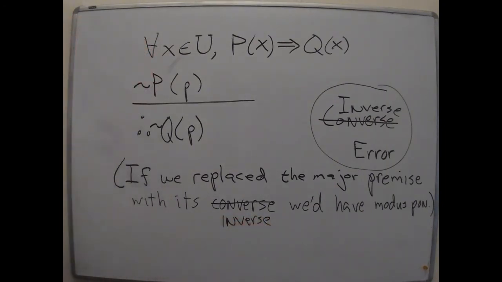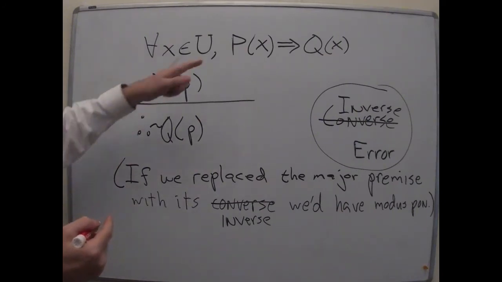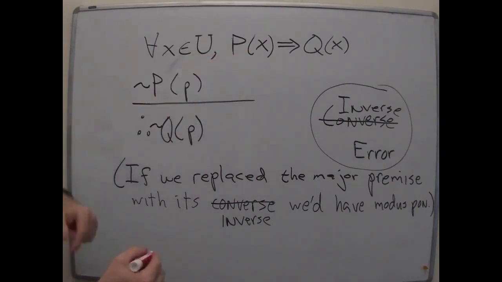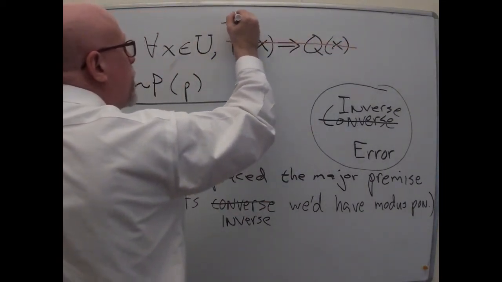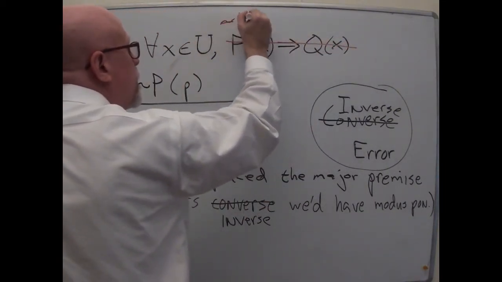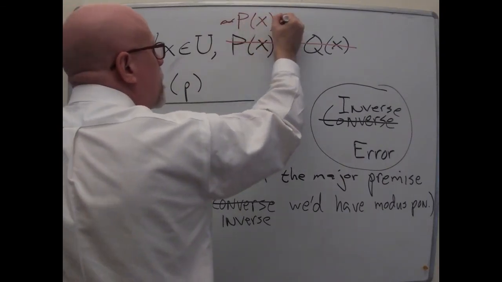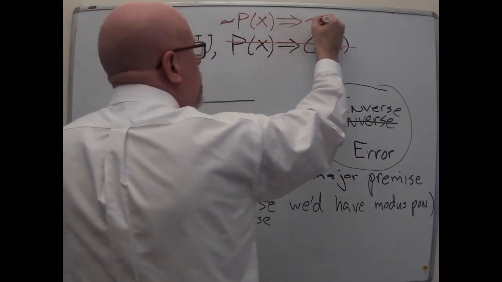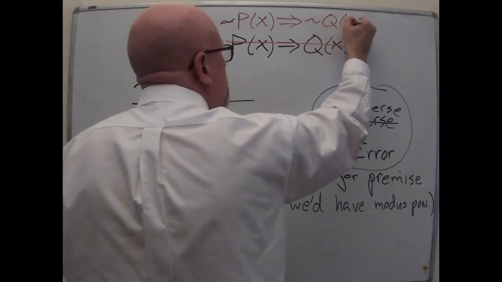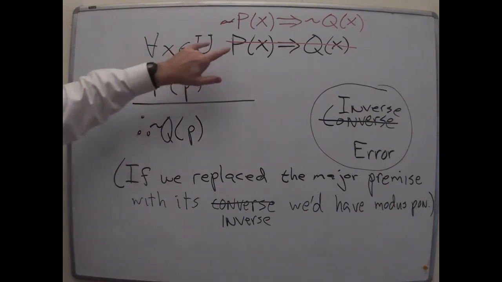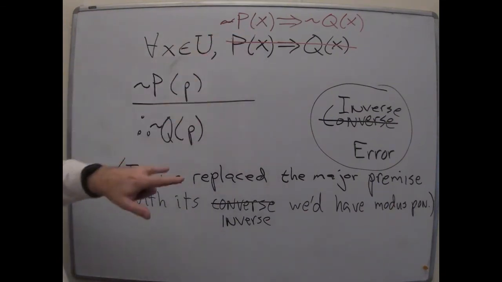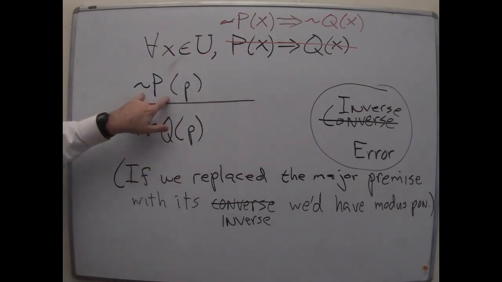This may be a little trickier to see. Let me just in red change this thing so that we get the inverse up there. Let's cross that out and say not P of x implies not Q of x. As changed, it's got the modus ponens form, because not P is the if, and it's also the minor premise.